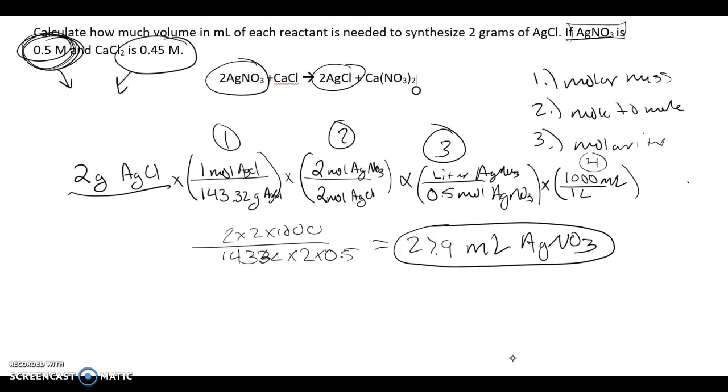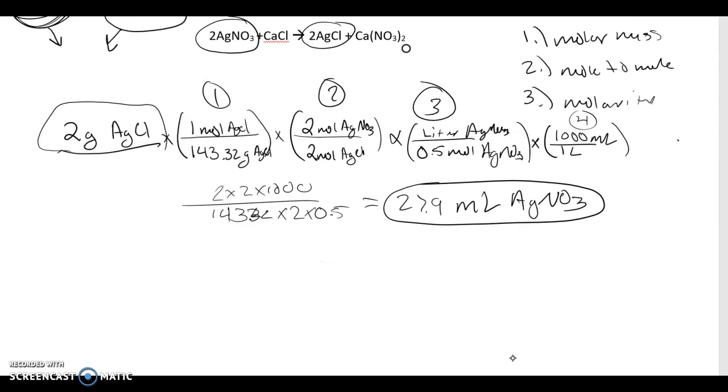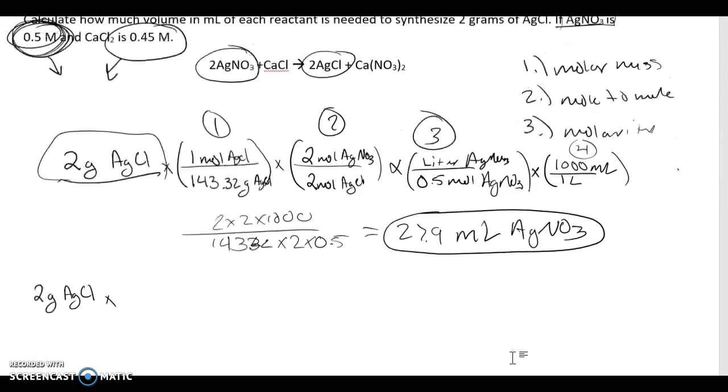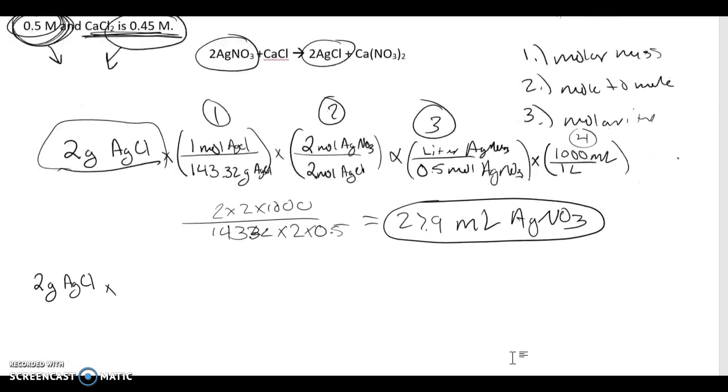So we just figured out how many milliliters of silver nitrate we're going to need to create 2 grams of AgCl. We also need to do the same thing for calcium chloride. So again, we want to get 2 grams of AgCl, but this time we're going to try to figure out how much solution of calcium chloride we're going to need to use. Same thing. It's the same exact step.